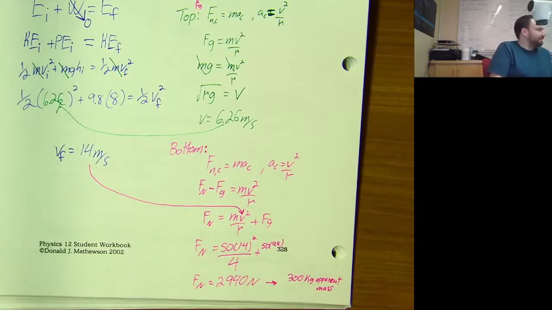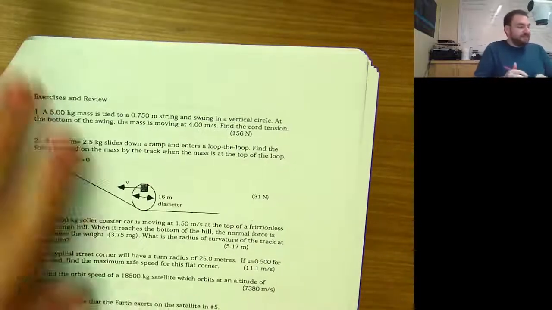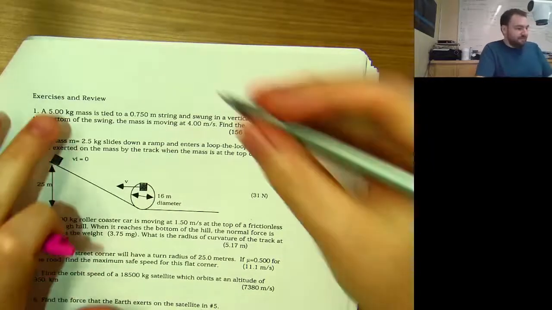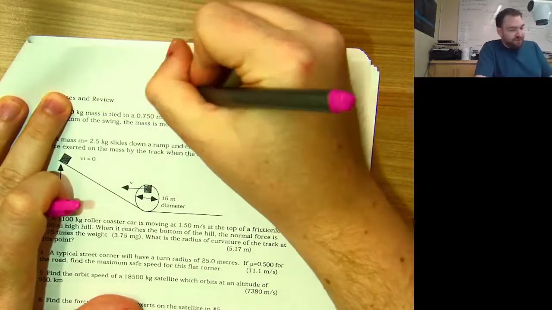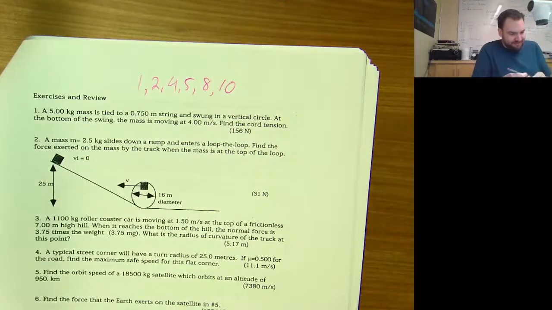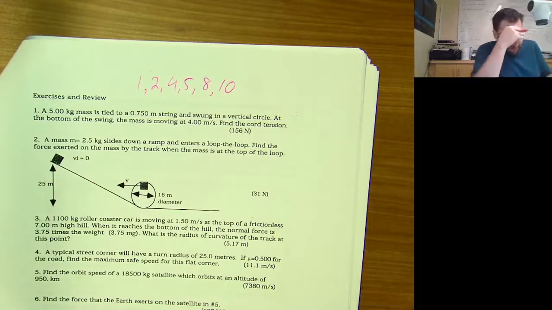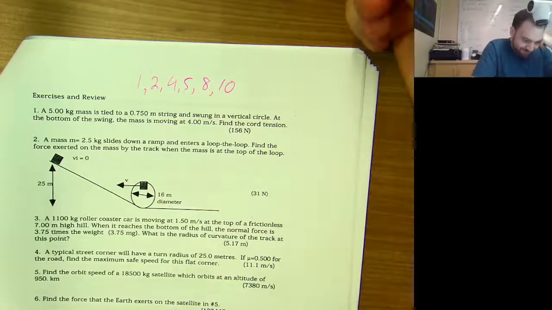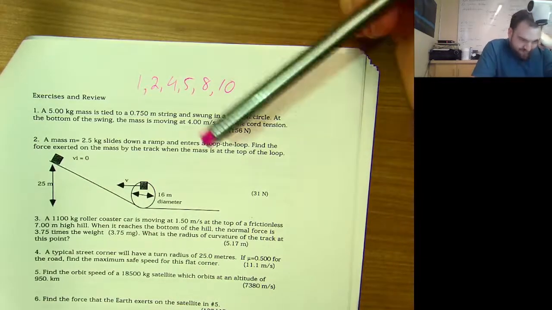Piece of cake, right? No. Like it better than the orbital stuff? Okay, what I want you to work on is this: 1, 2, 4, 5, 8, and 10. Oh, hold on. 3 is good too.